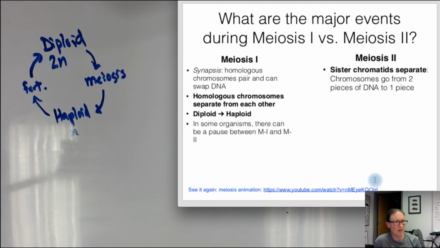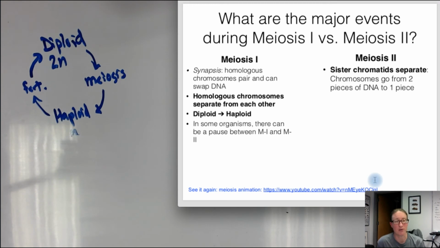Here's my summary for the major events that take place in meiosis 1 versus meiosis 2. We're going to be looking at these in much more detail in a moment, but this is a higher level summary. In meiosis 1, the two big events are a process called synapsis, also known as crossing over, where homologous chromosomes pair and can actually swap DNA.